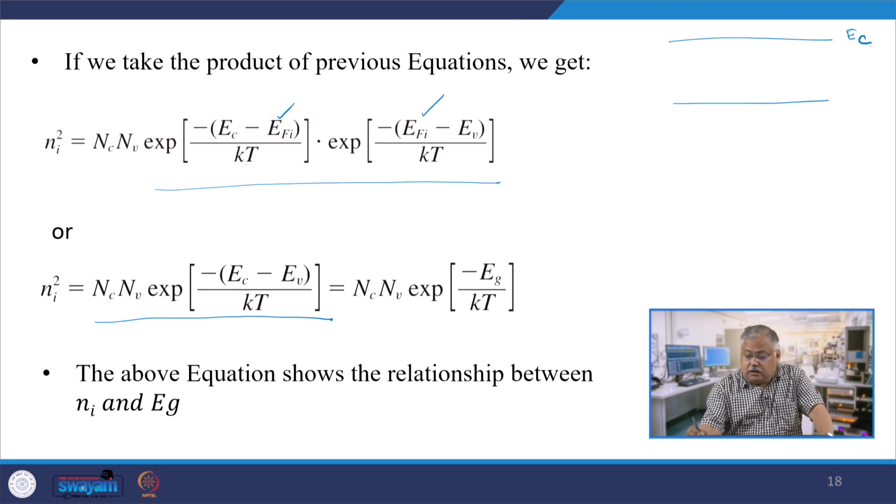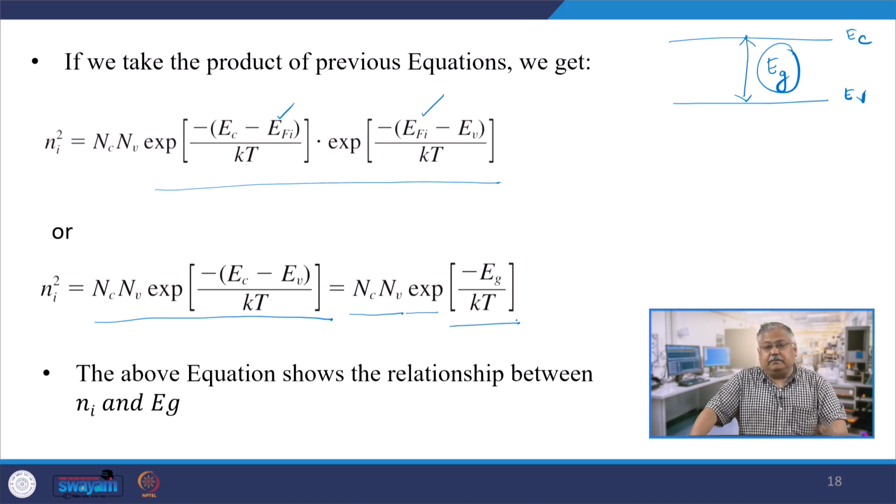This is Ec, this is Ev. Ec minus Ev is your Eg. So I get minus Eg by kT. So I get Ni square equals NcNv exponential minus Eg by kT, where Eg is the band gap. And this gives you a relationship between Ni and Eg.